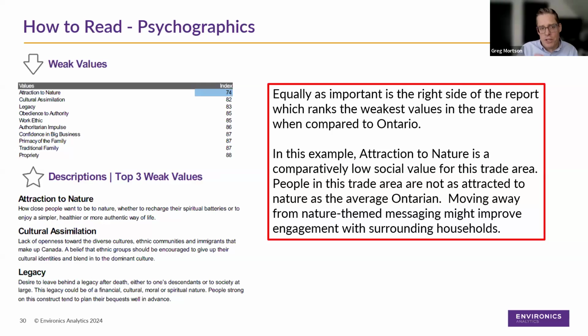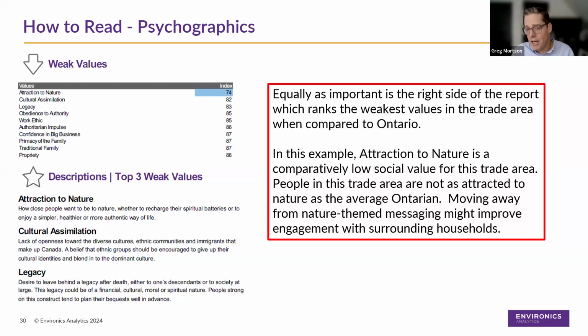And this section of the report also looks at those indexes, those values that are very low. So very important as well. You can see in this trade area, attraction to nature is something that, interestingly enough, people in this trade area don't necessarily believe in quite as strongly as the rest of the province. So maybe that's something you want to downplay a little when posting on social media.